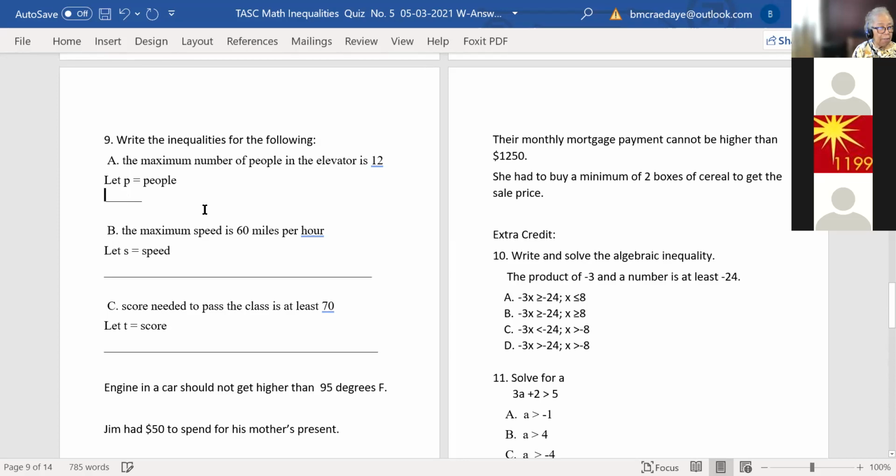Now, Maureen, let's think about this. If you can have a maximum number of 12 people in an elevator, that means the number of people in the elevator is less than or equal or greater than or equal.